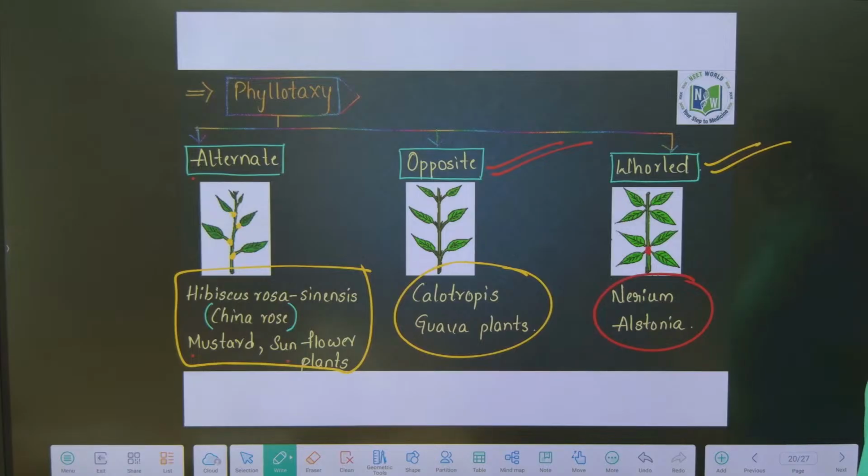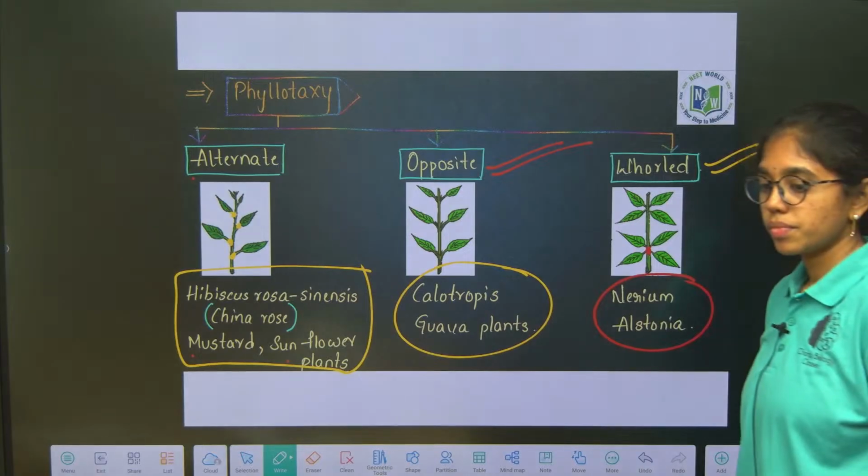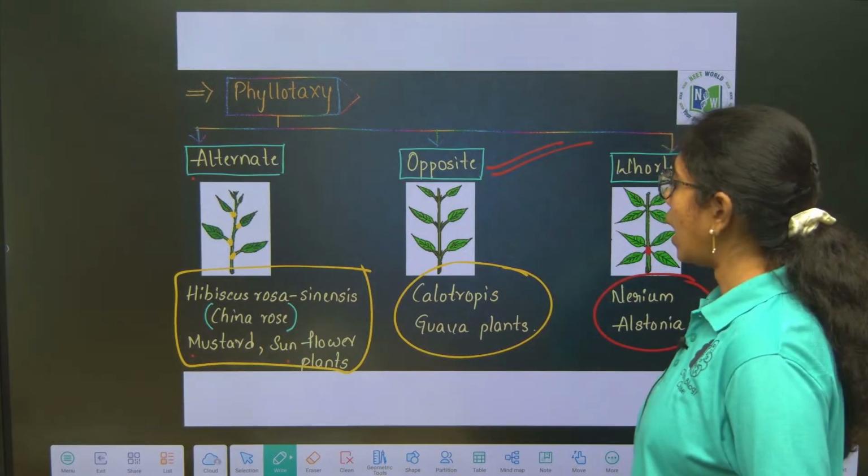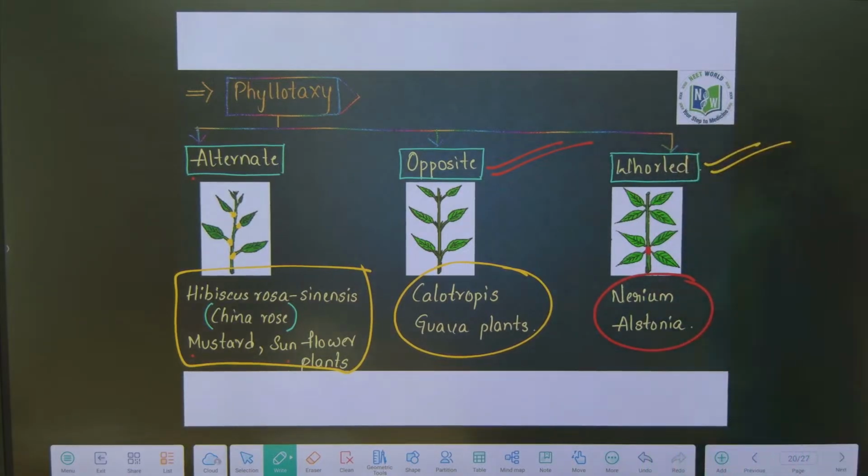Phyllotaxy, examples enough. Alternate, opposite and whorled phyllotaxy.